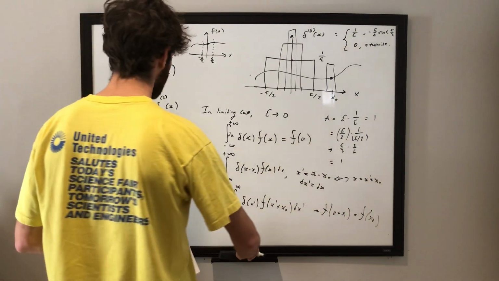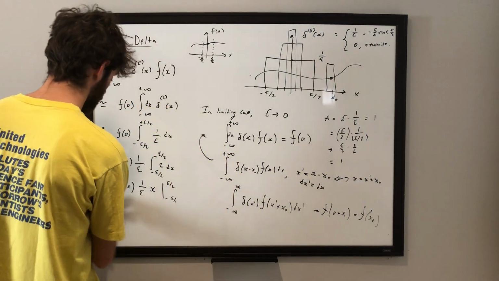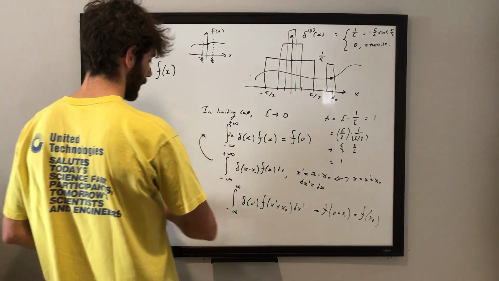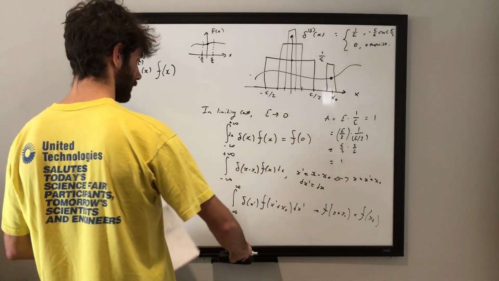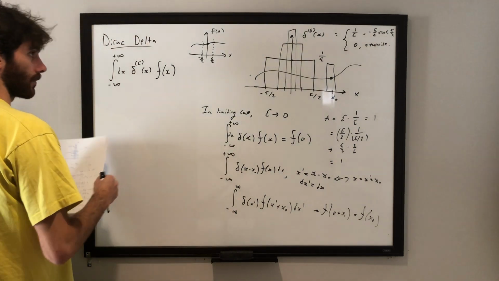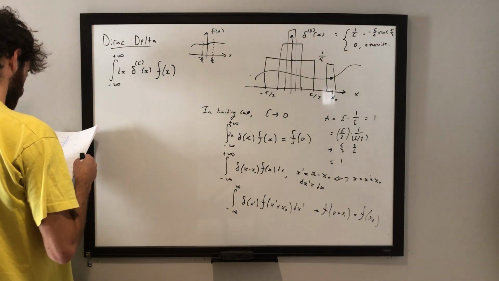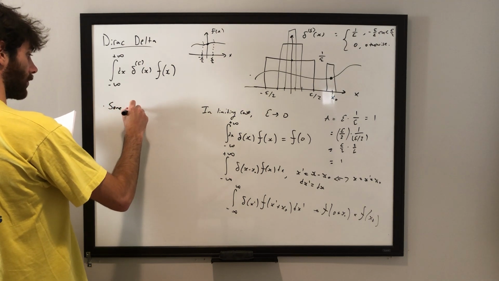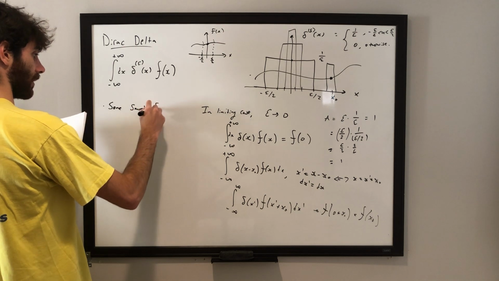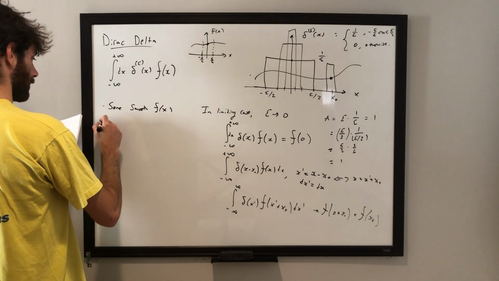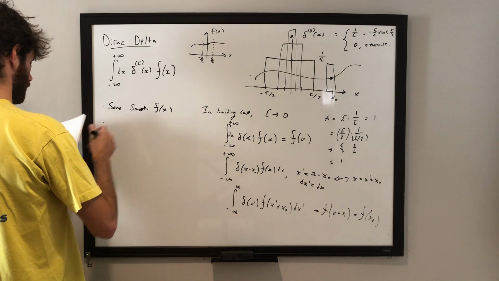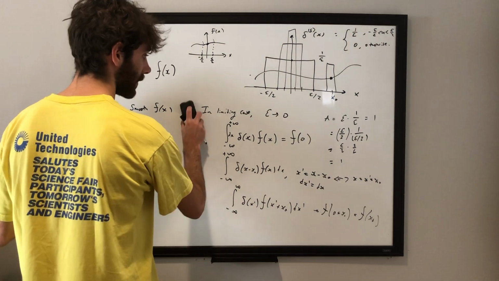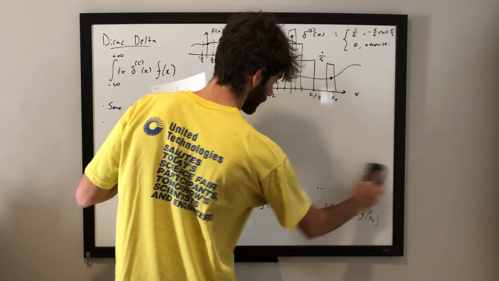So again, I just kind of want to drive this point home. So we have some smooth function f of x. So this might be helpful to have a picture to accompany this description.